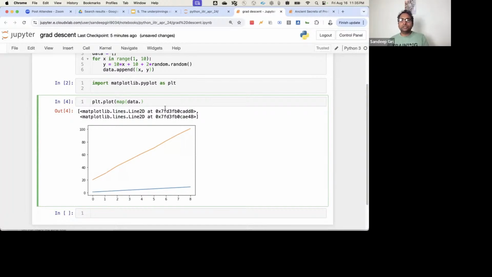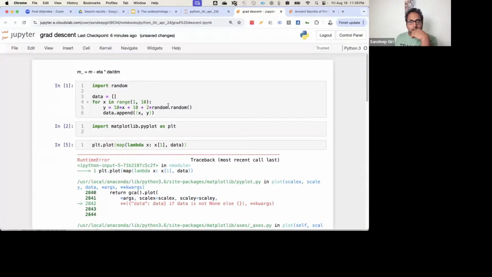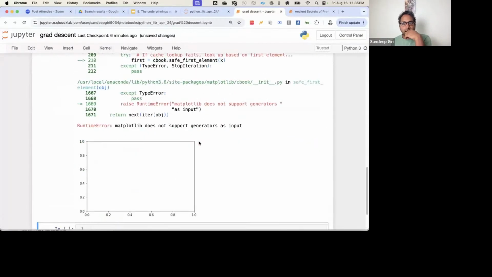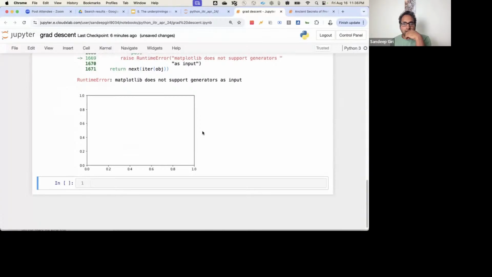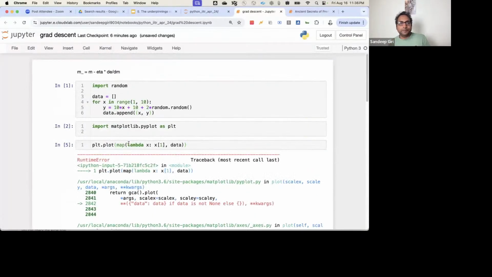So I will just extract, using this map function. Okay, map function finished. What does it mean? Anybody?